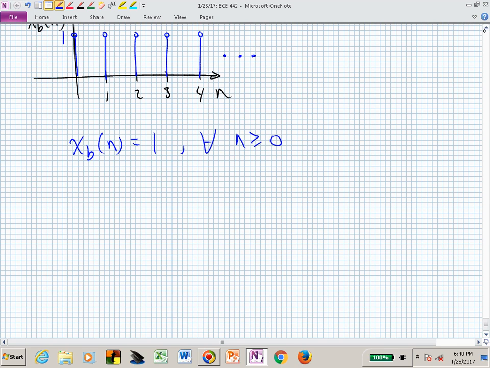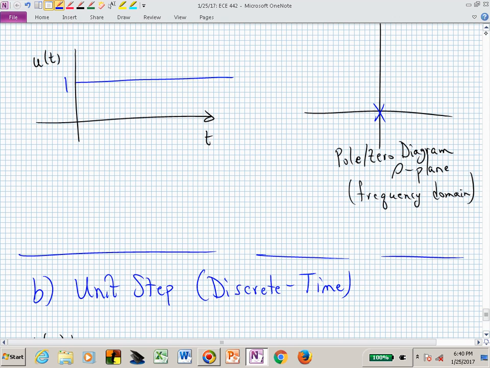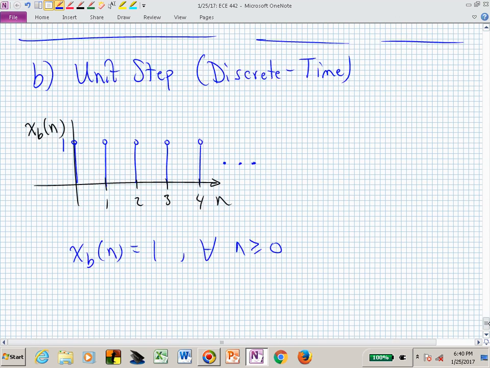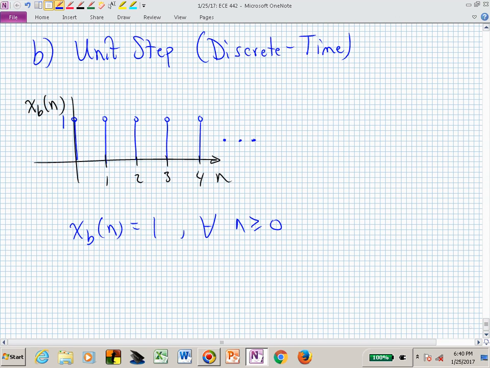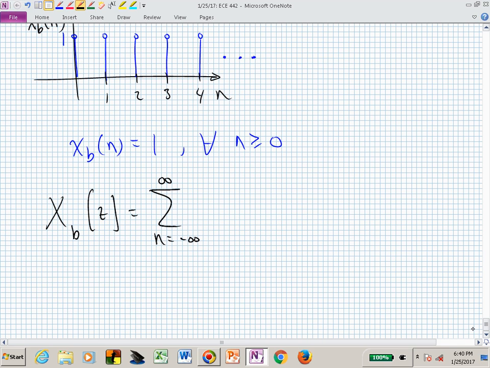What's the z transform of little x sub b of n? Let's see if we can compute it. We now have capital X sub b of z equal to the sum from n equals minus infinity to infinity of x sub b of n times z to the minus n. Again, you're searching for points here.